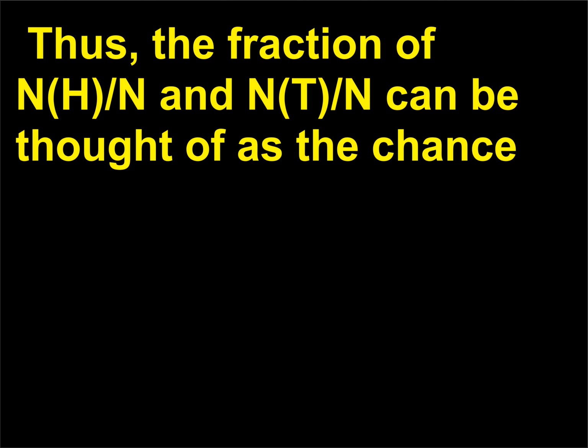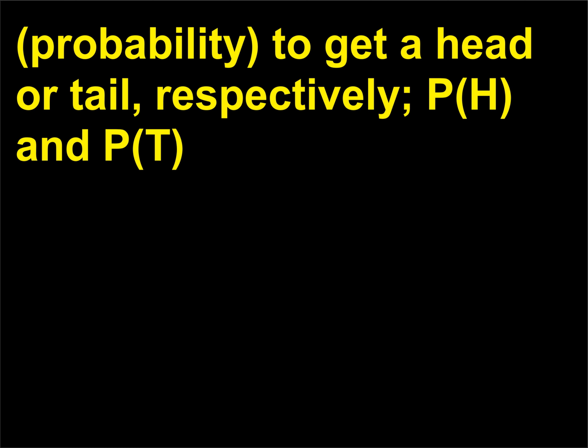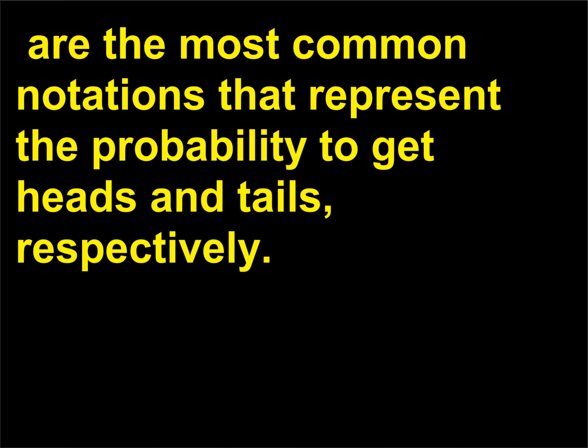Thus, the fractions n_H/n and n_T/n can be thought of as the chance, or probability, to get a head or tail, respectively. P_H and P_T are the most common notations that represent the probability to get heads and tails, respectively.